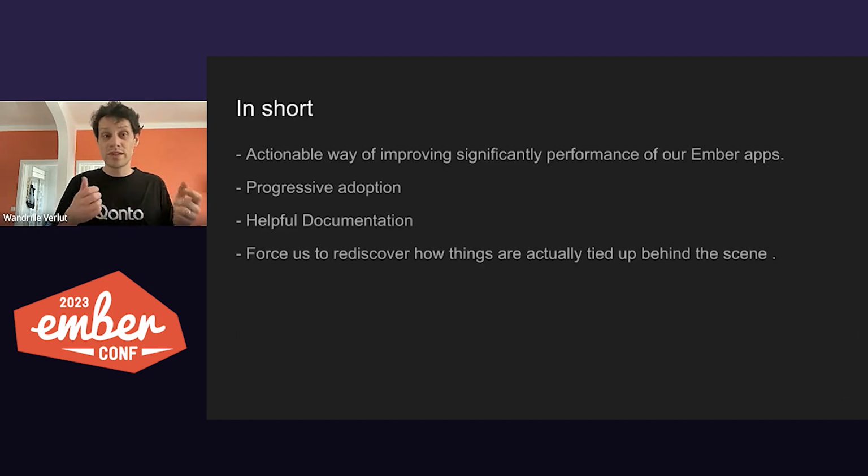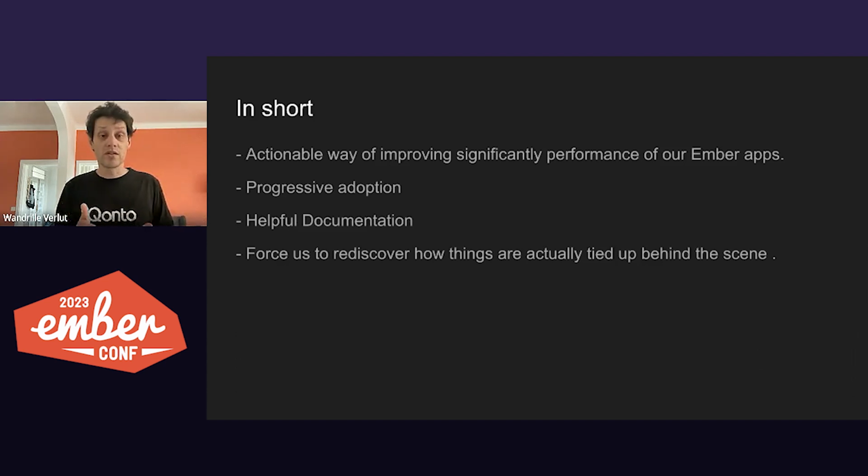So what we discussed here, we now have an actionable way of significantly improving the performance of our Ember apps. It takes literally 5 minutes to migrate. It took us longer than expected, but you can adopt Embroider features incrementally at your own pace without blocking the feature pipeline.